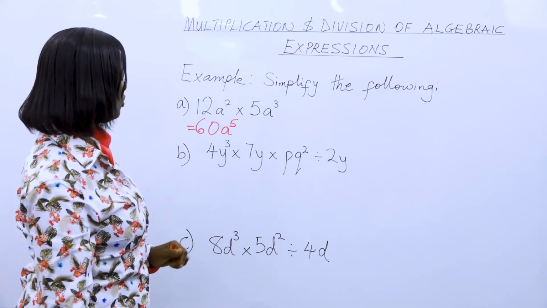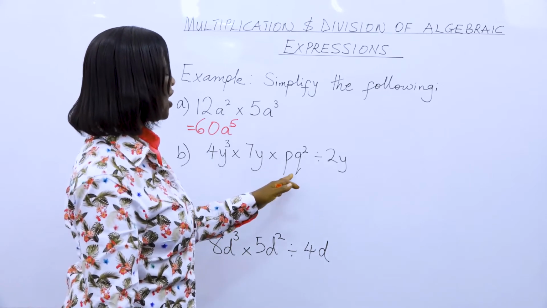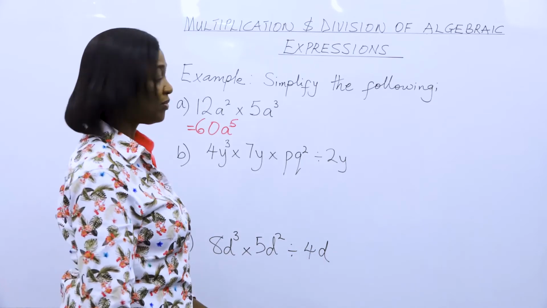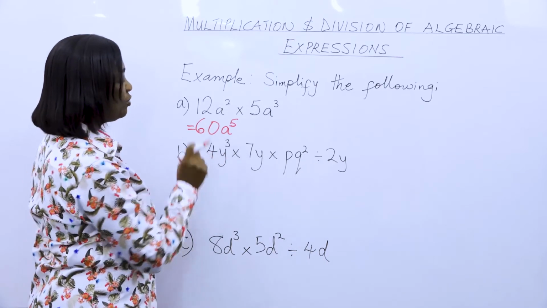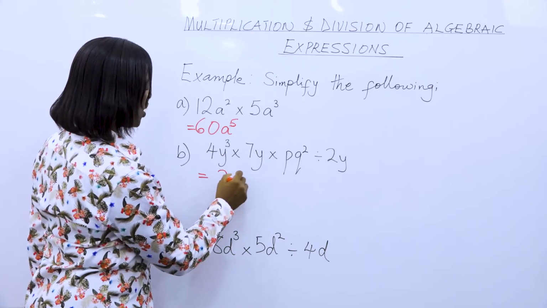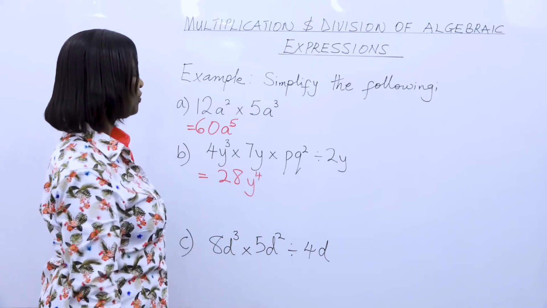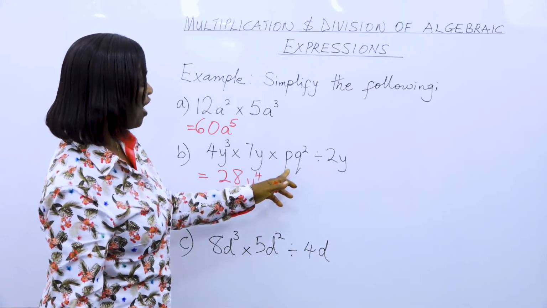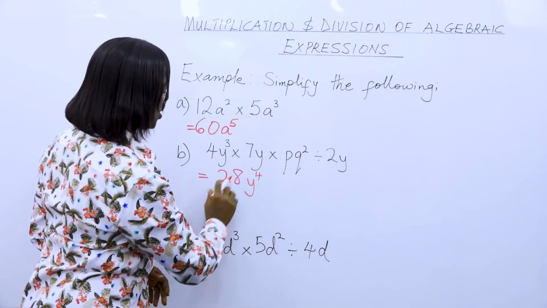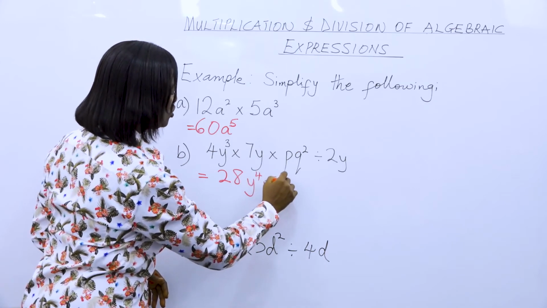For the second example, we have 4y cubed times 7y times pq squared divided by 2y. So we're multiplying 4y cubed by 7y, and that will give us 28y to power 4. We also have p and q squared. So the numerator is 28y to power 4 p q squared.